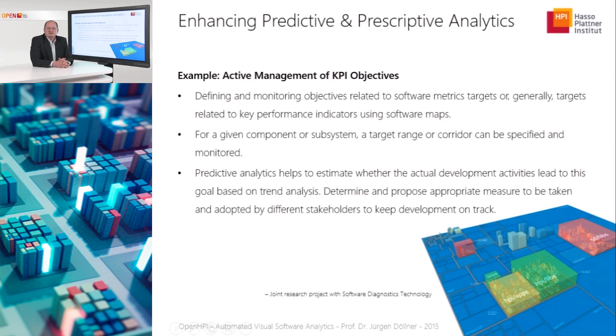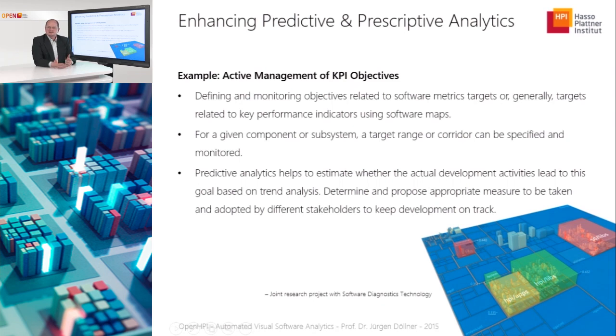So we would like to define a specific goal in our project. Let's say for the next 3 months we would like to reduce the McCabe complexity of a subsystem, and we define a target range towards which our development should go.